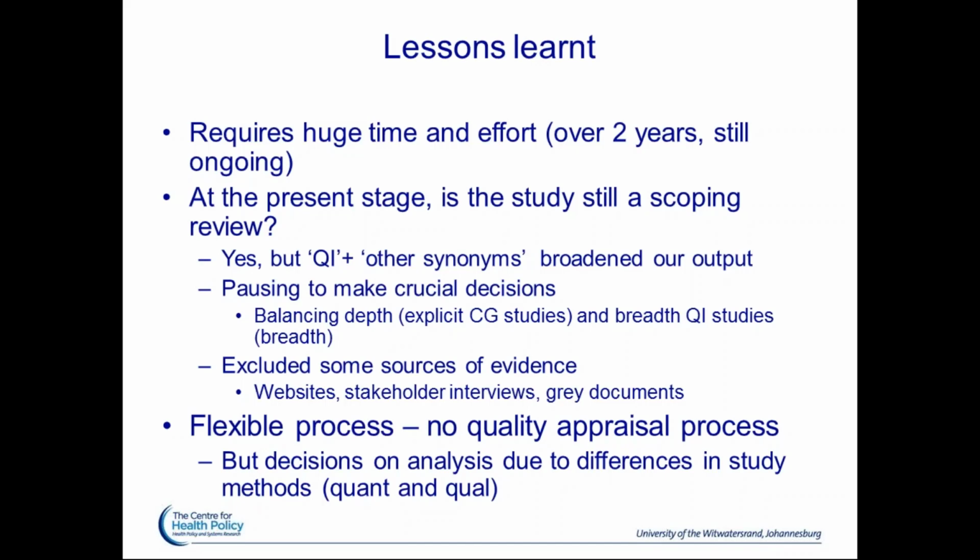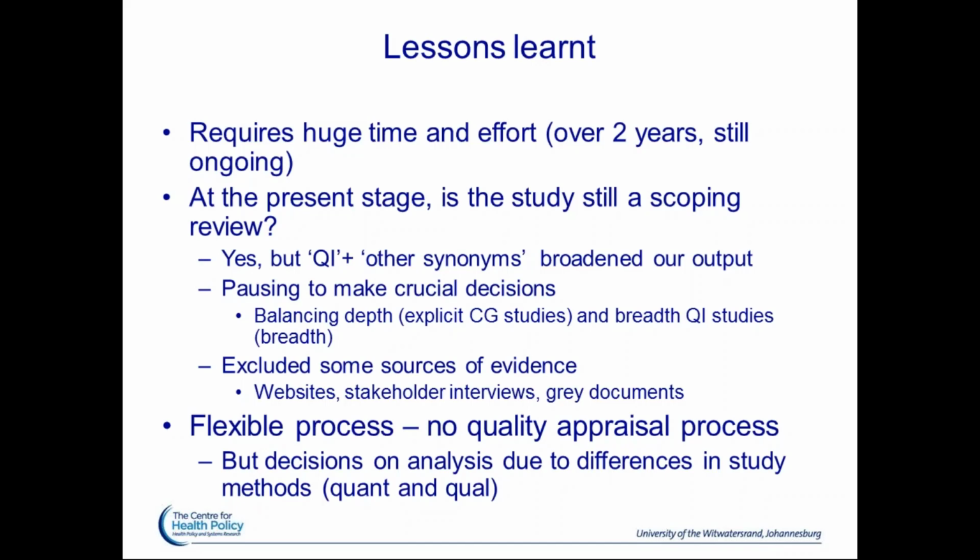We see the process as quite flexible because we are not constrained by the fact that we have to comply with the quality assessment processes which a conventional systematic review approach will use.